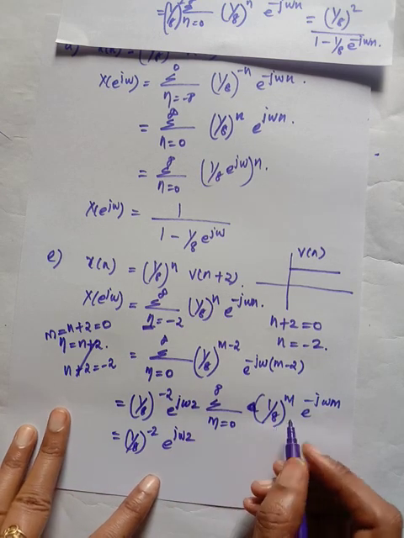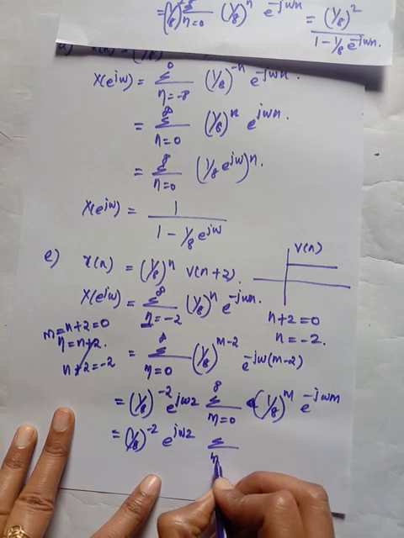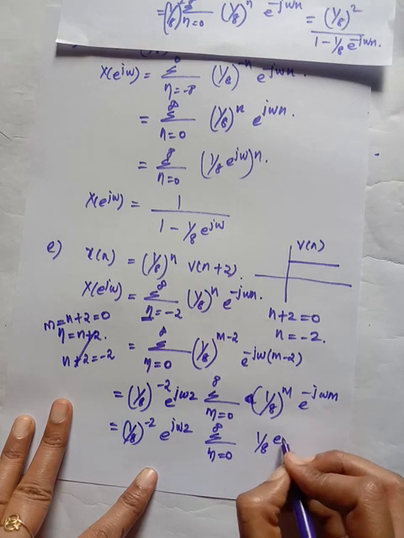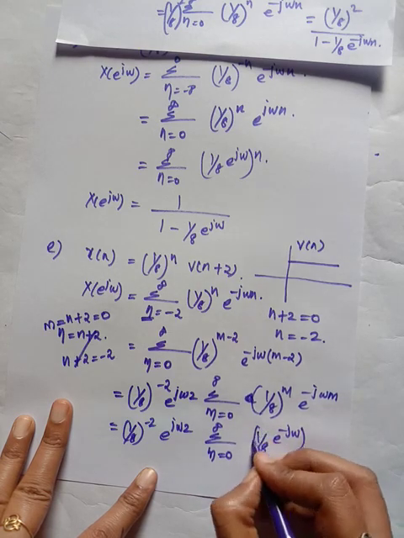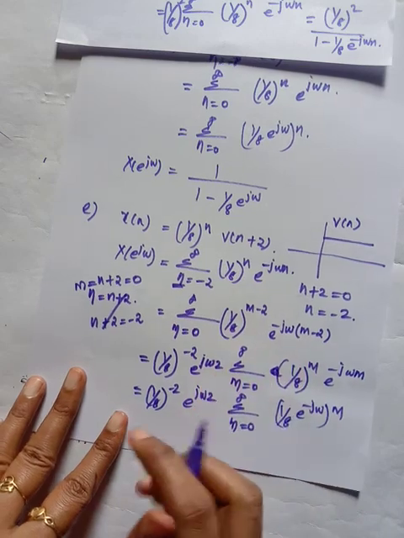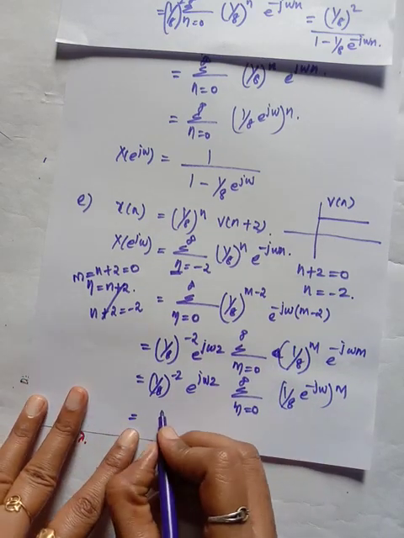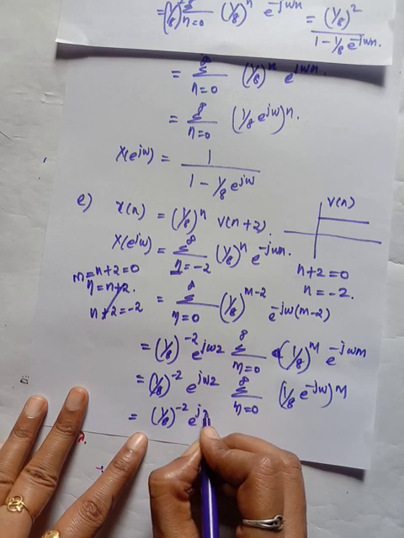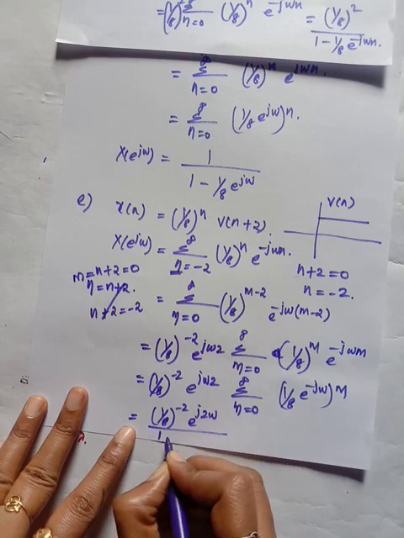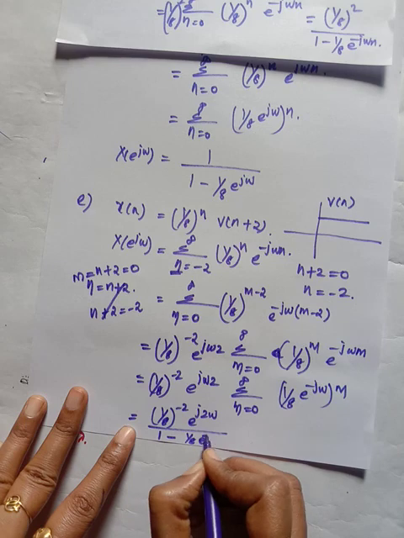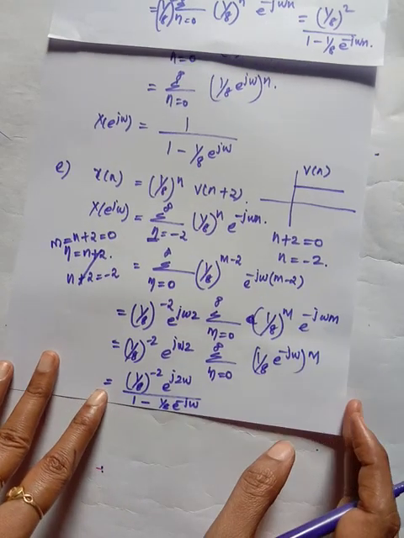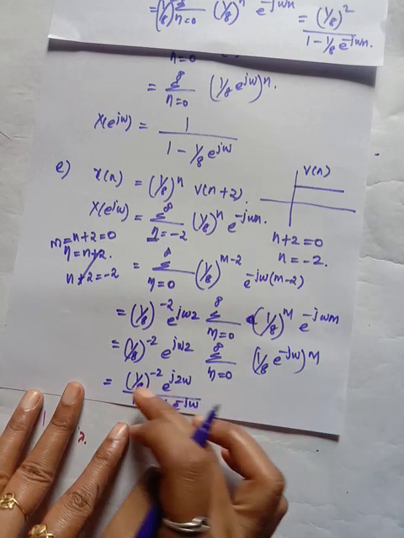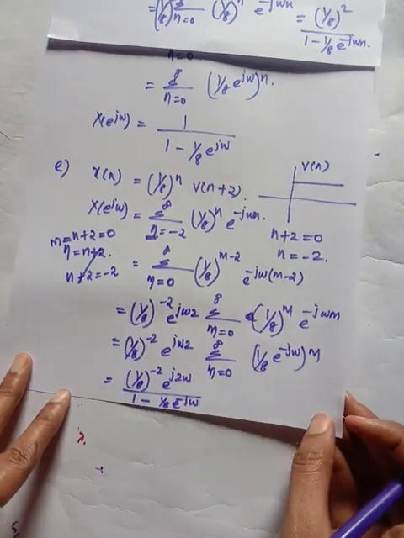For this I am going to apply the formula: m is equal to 0 to infinity of (1/8 e to the power minus j omega) to the power m. So now we have (1/8) to the power minus 2, e to the power j 2 omega divided by 1 minus 1/8 e to the power minus j omega. So this is the result for this problem. If you want, you can simplify it, otherwise you can keep it as such.